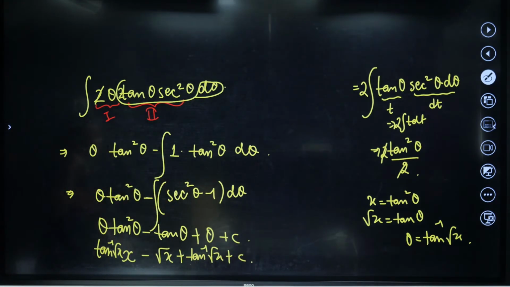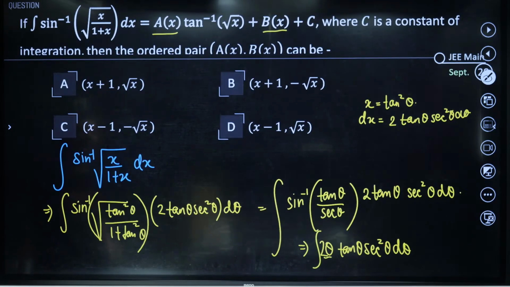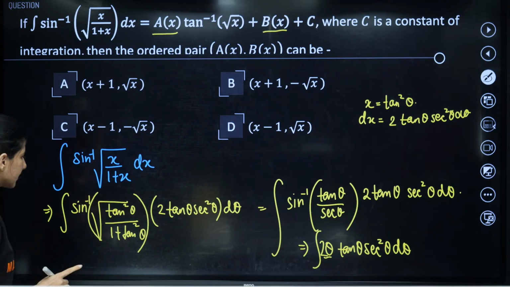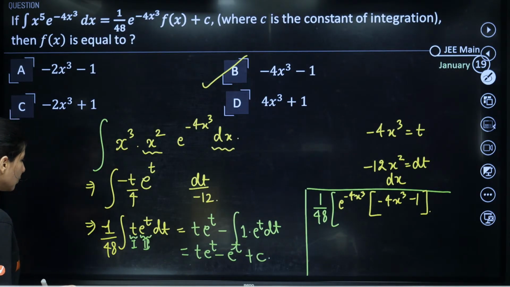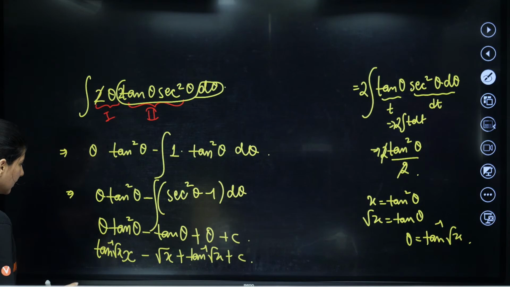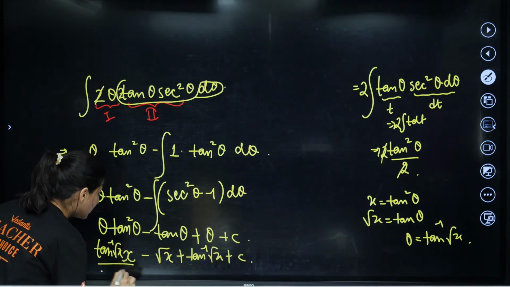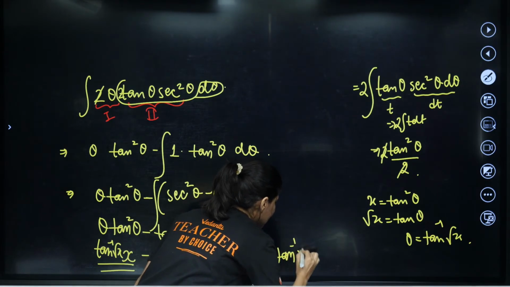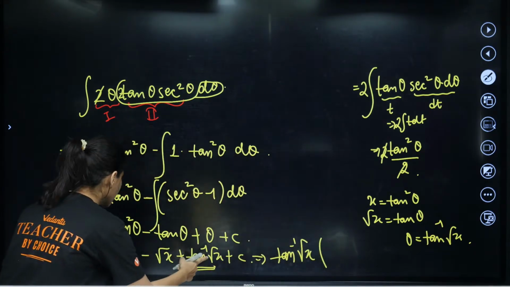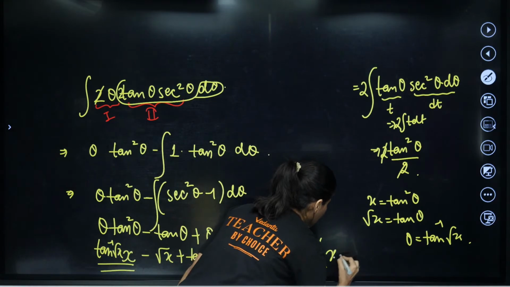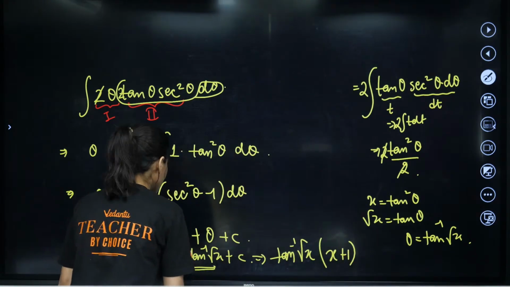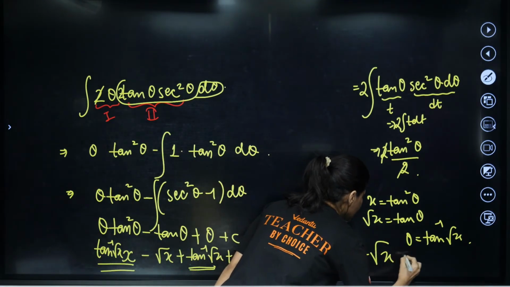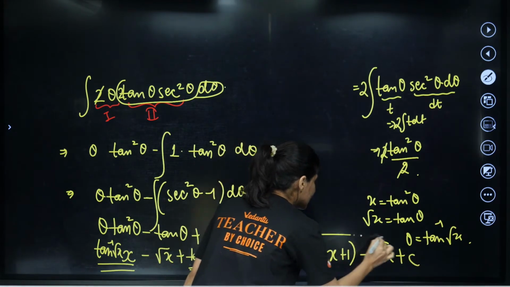Tan inverse root x is already there, so can I club them together? Yes. Taking tan inverse root x common, it becomes 1 plus x, and minus root x plus constant. This is the final answer.